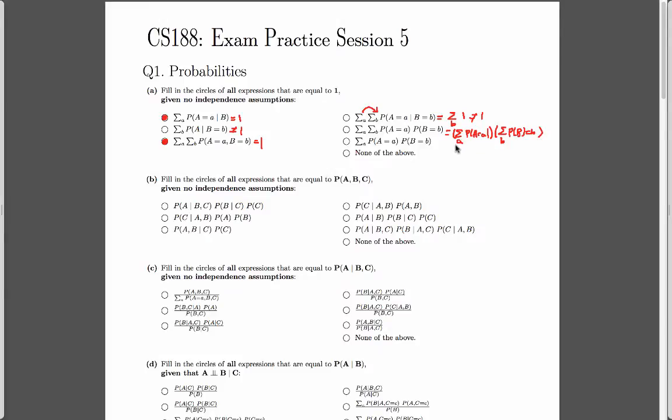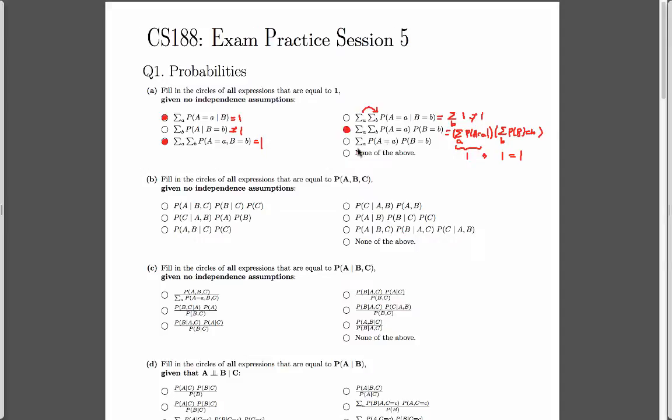And we know that this first expression is equal to 1 because we're simply summing over the entries in the probability table, and the second is also equal to 1. So 1 times 1 is equal to 1. So this is correct.